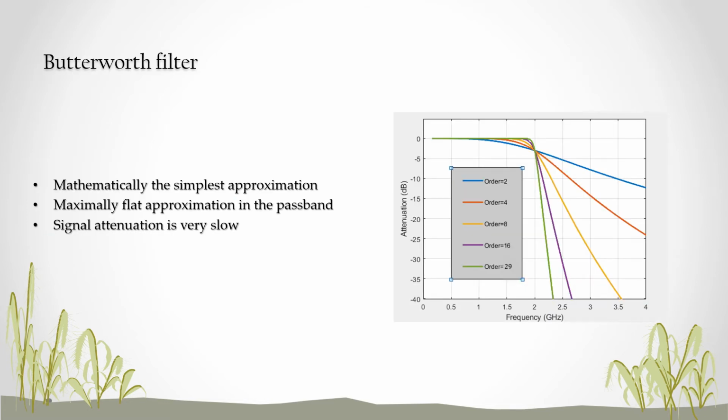First, we take a look at the Butterworth filter. The figure shows the frequency response of the Butterworth filter approximation for several different orders. As seen on the picture, the visualization was made for orders 2, 4, 8, 16, and 29.